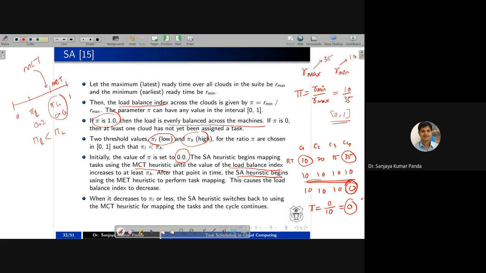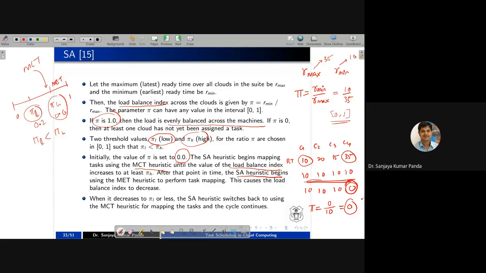This causes the load balance index to decrease. And when it has decreased to pi L or less, the SA heuristic switches back to the MCT heuristic for mapping the tasks, and this cycle is continued.